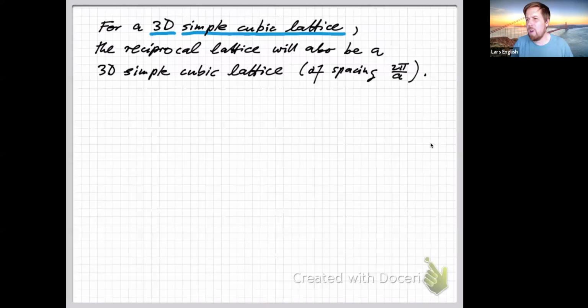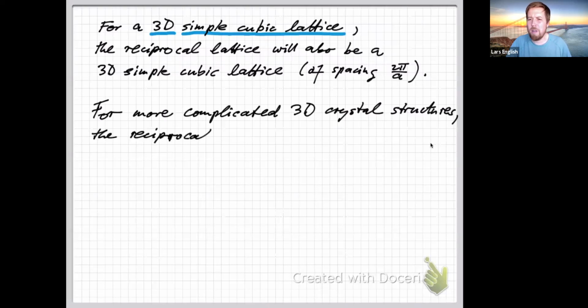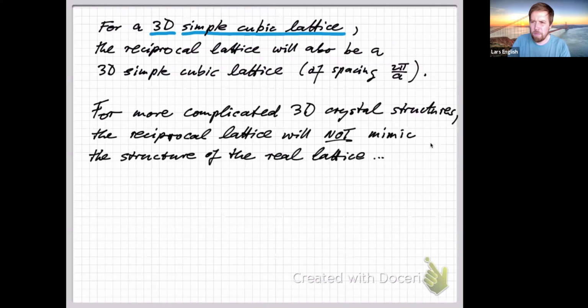The spacing is no longer a, now it's 2 pi over a, but it will have the exact same structure. Unfortunately, that is not true for more complicated 3-dimensional crystalline structures. For other structures, the reciprocal lattice will not follow the same structure as the real lattice. It will not be equivalent.